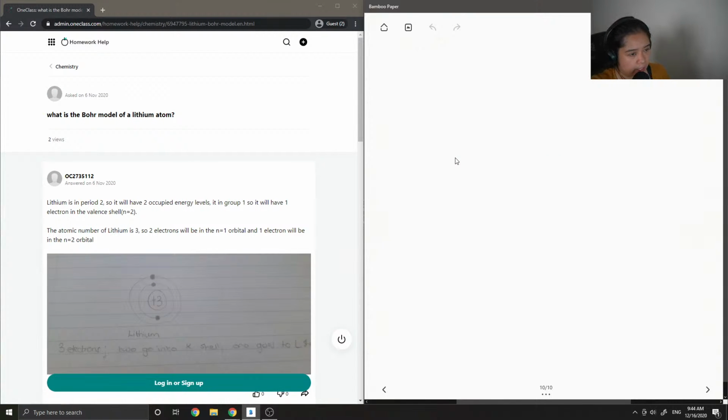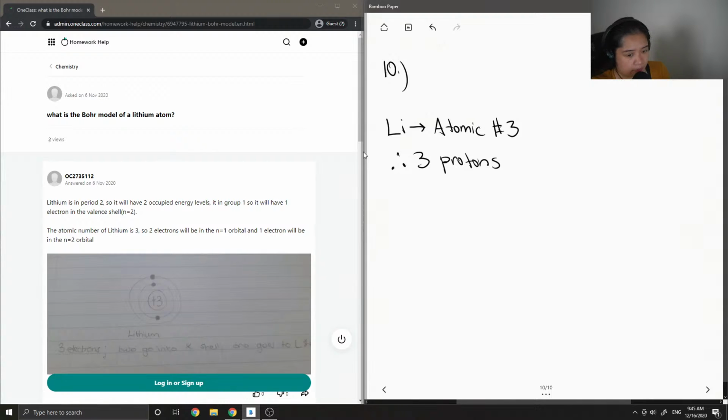So question 10 just asks, what is the Bohr model of the lithium atom? So lithium has atomic number 3. So therefore it has 3 protons and also 3 electrons if it was a neutral atom.